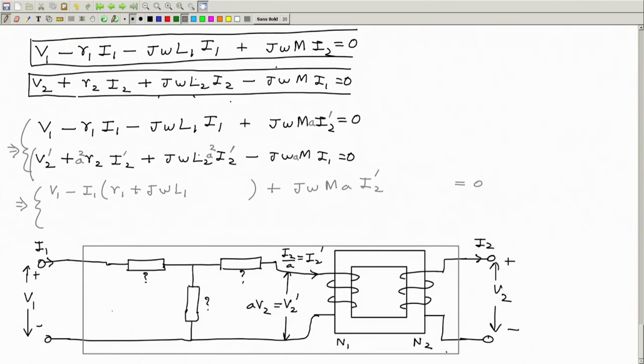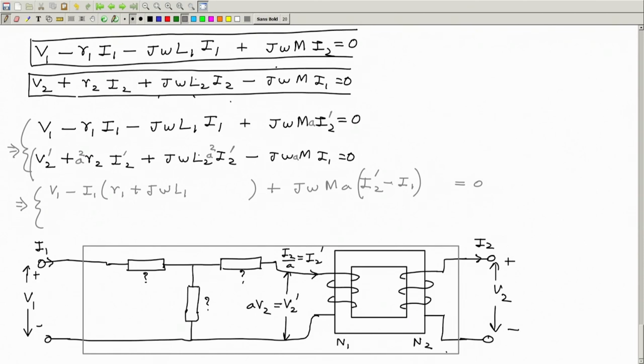Now what I will do, I will add and subtract a term here. I will subtract a term, not prime.